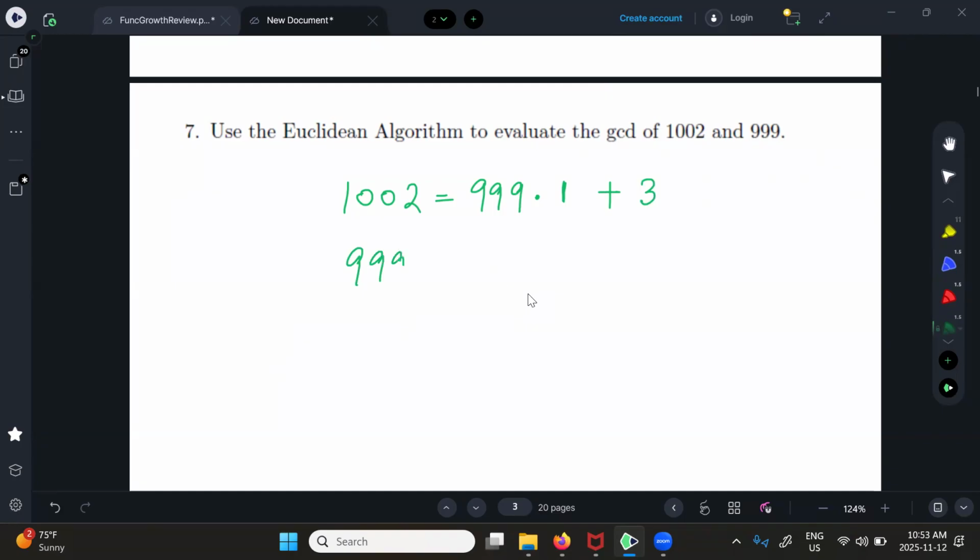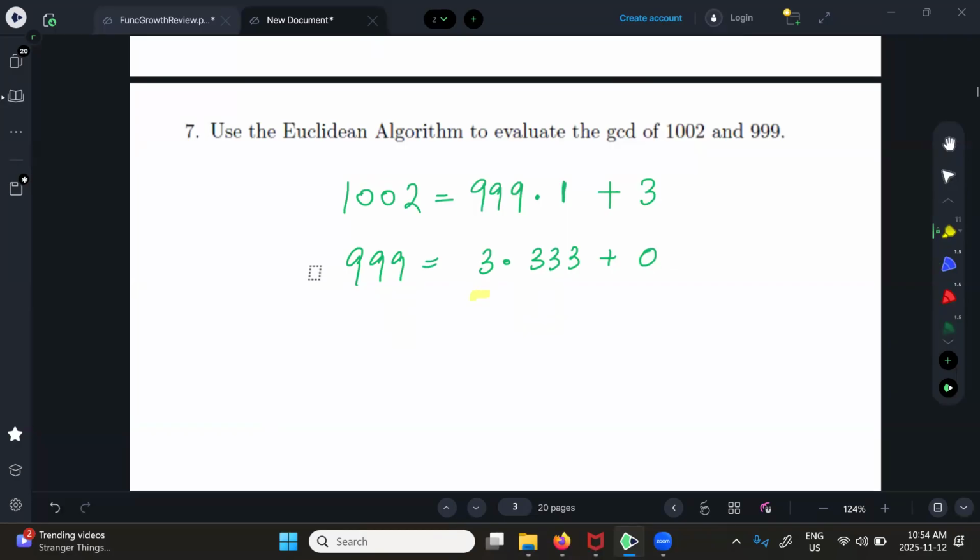Then you move it here, then divide it by this, and you keep doing it until, wait, is it done already? Oh, my bad. So the GCD is the last nonzero remainder, I don't remember exactly, but read my lecture notes, okay? 3 is the GCD of 1002 and 999.